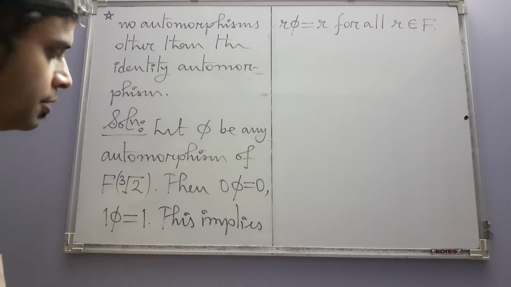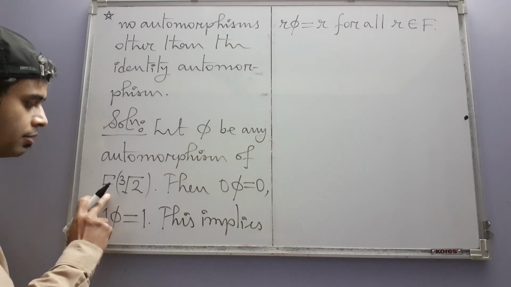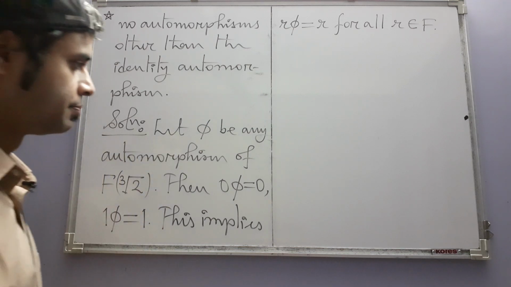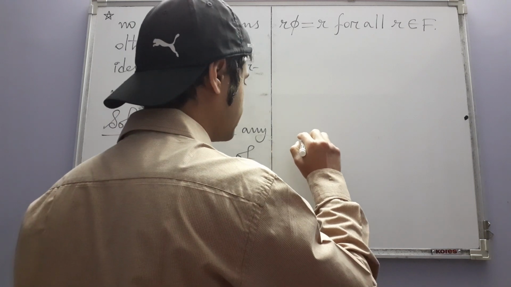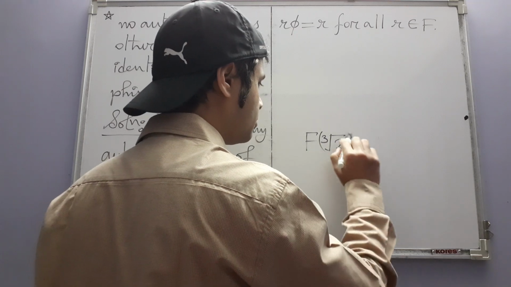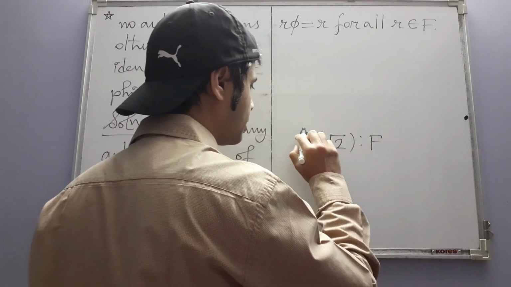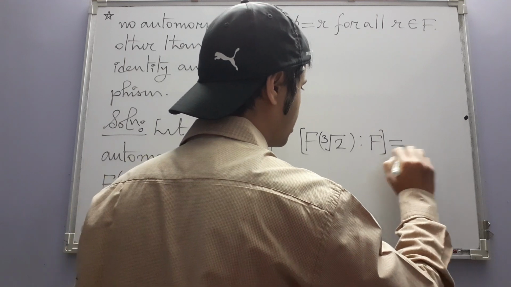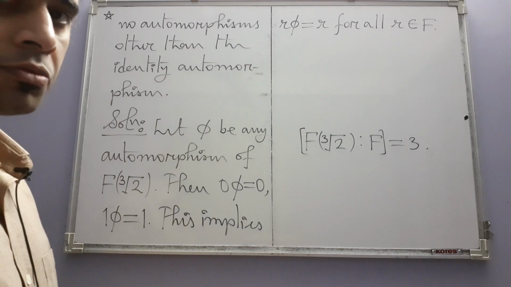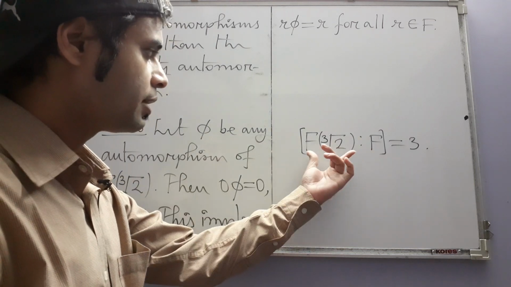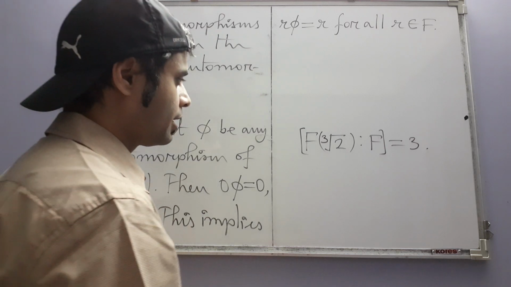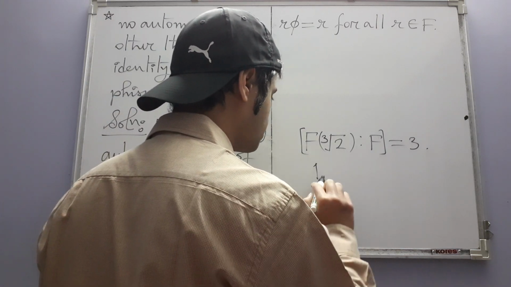Why though? Because recall how the general elements in this extension look. Recall that the degree of this extension over f, that is over the field of rational numbers, is 3. So as a vector space over f, this extension has a basis having 3 elements, and one such basis is this.